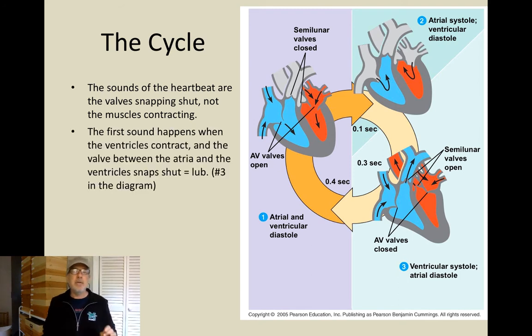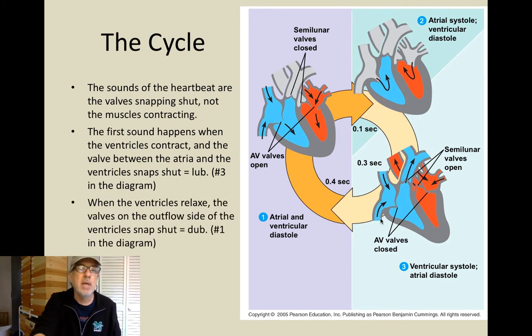The first sound happens when the ventricles contract, so ventricular systole, and the valve between the atria and the ventricles snaps shut, preventing backflow. And that's number 3 here. That's what's going on here, where the ventricular systole contraction is happening, and these valves here are going to shut.